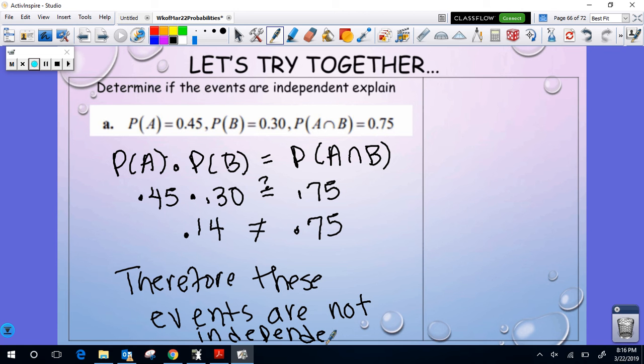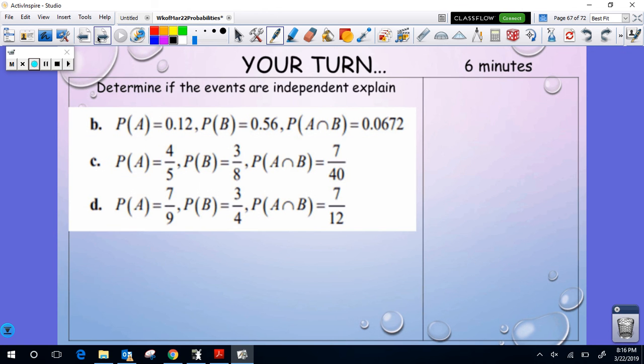That means the probability of one is actually affected by the probability of the other one. Okay? So you go ahead and try these. Pause the video, and then I've got another one for you.